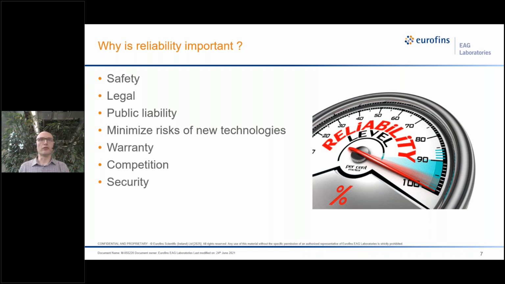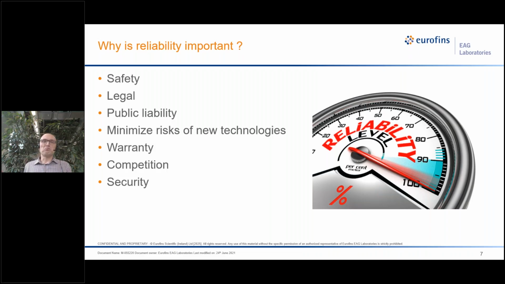There are several reasons. For example, are there safety risks? Are there standards we have to meet if you want to introduce a product to the market to ensure a specific reliability? What are the risks of introducing new technologies? What may happen if there are failures?